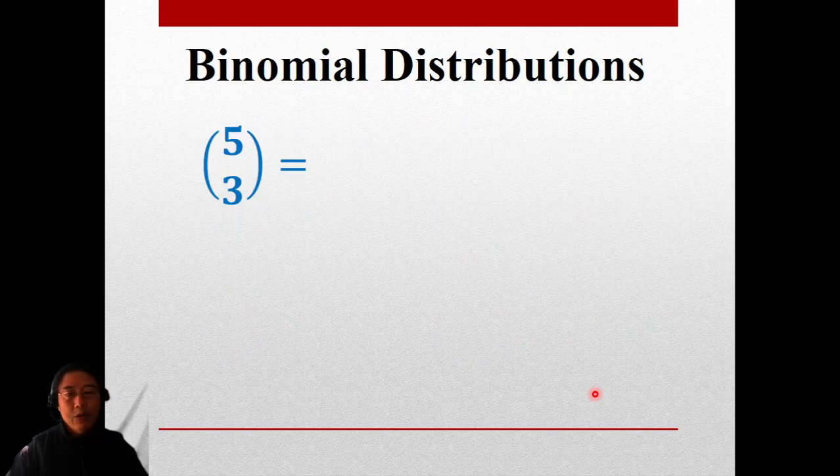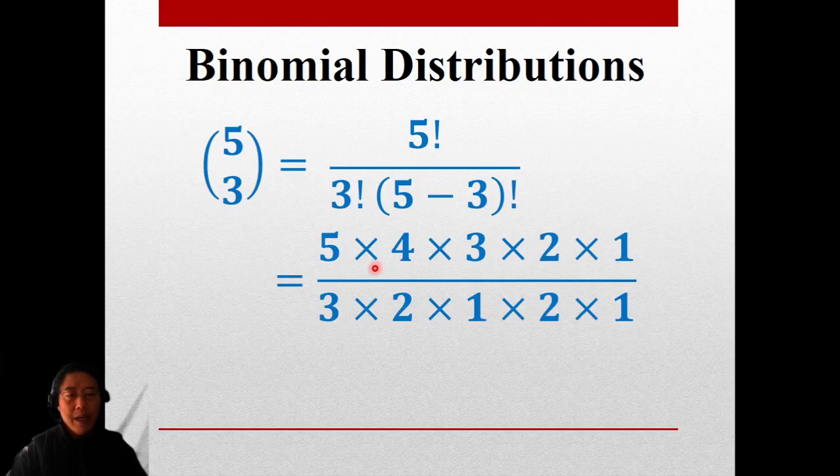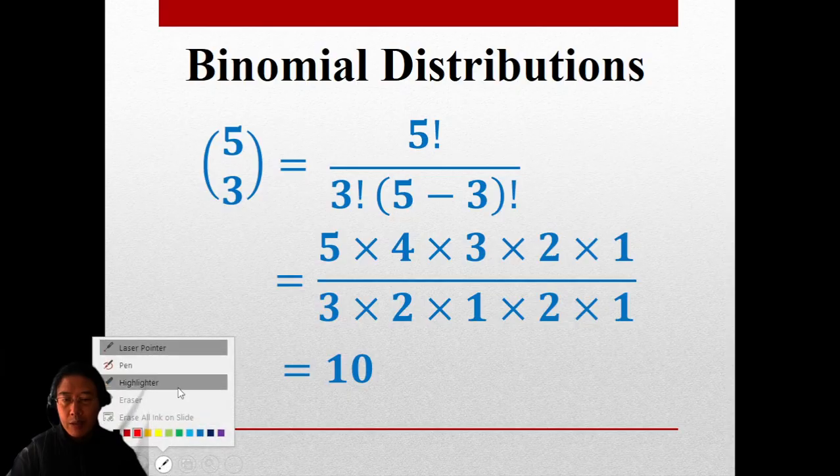An example of how to calculate this. So you apply the formula. As you expand each one of them, so this one's going to be factorial 2. Notice how the factorial 5 over the factorial 3, I haven't done the working out, but let me show you.